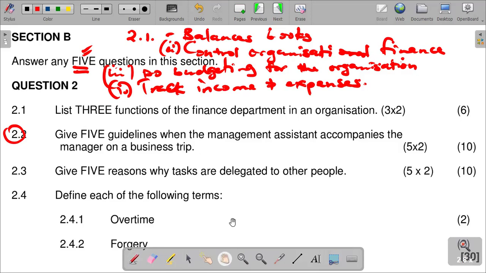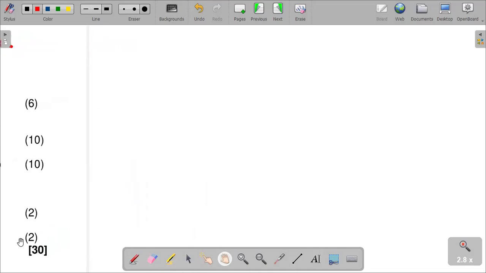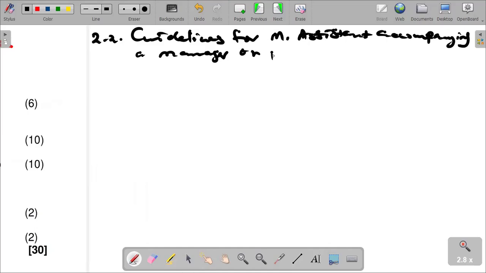The guidelines for a management assistant accompanying a manager on a business trip.